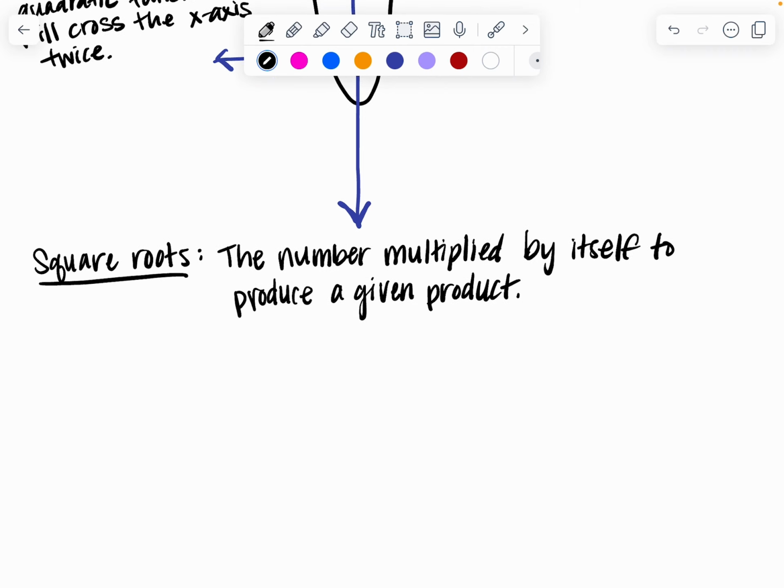So, for example, 1 times 1 is 1, 2 times 2 is 4, 3 times 3 is 9. So the square root of 9 is 3.